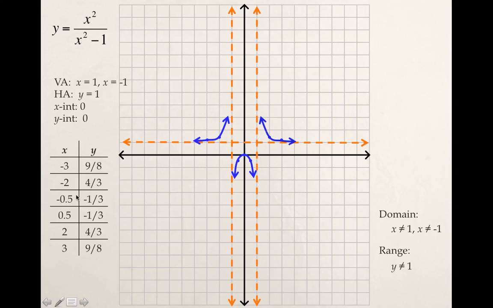So even though they're not nice, easy numbers, you still do need to choose something to see what's going to happen. Is it going to be a parabola, or is it going to be a shelf like a cubic? In this case, it ends up being a parabola that opens down, and we end up with corner huggers in these two corners right here. For domain and range, our domain has to exclude the 1 and the -1, and our range has to exclude the +1 from our horizontal asymptote.